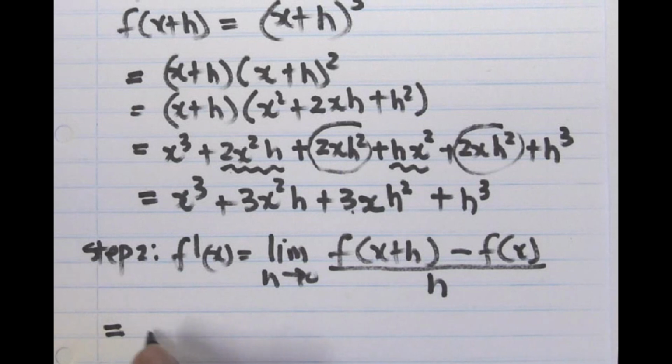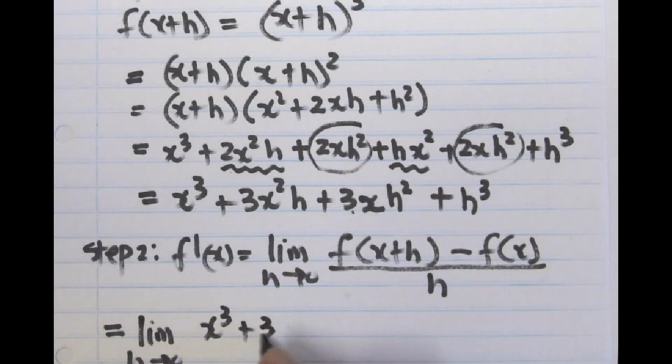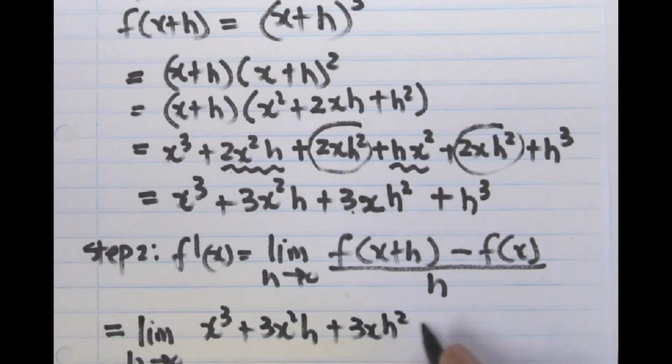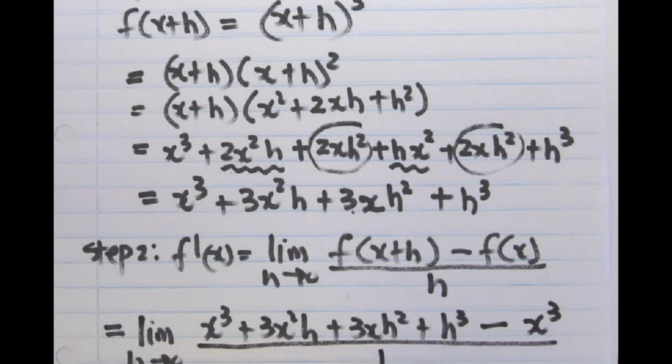So this is going to be a limit, always. I almost forgot there. x cubed plus 3x squared h plus 3xh squared plus h cubed minus the f of x, which is x cubed. Everything is over h.